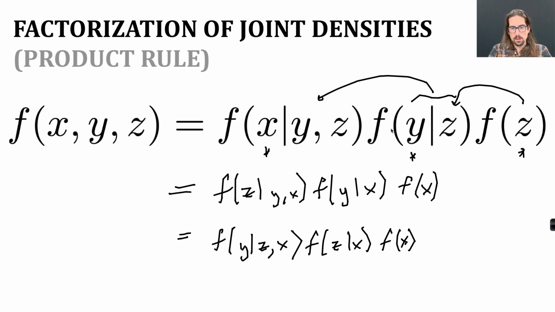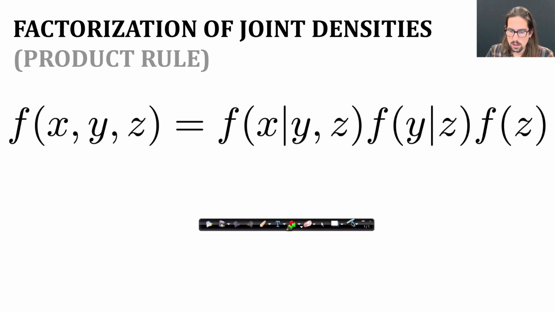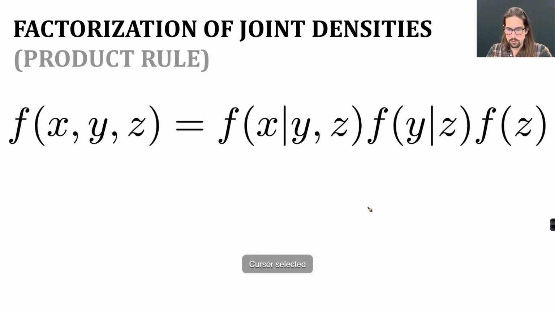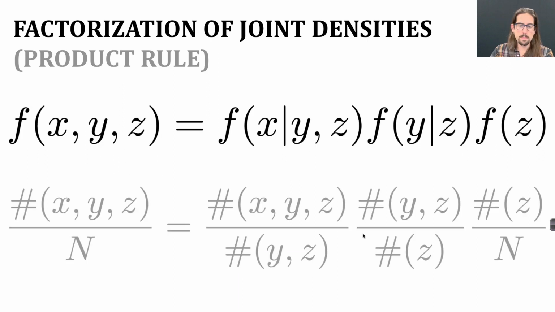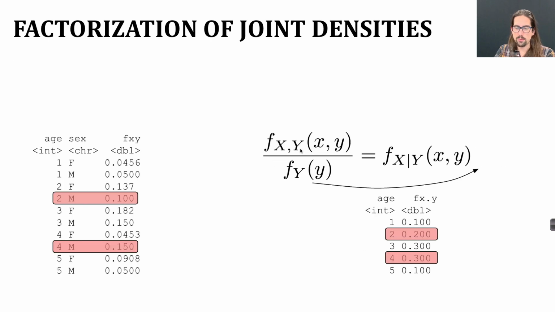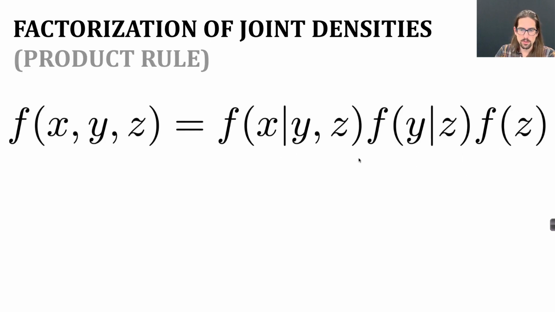And I already talked about why that is the case in two different ways. One by looking at it as this count here, where I'm just multiplying by 1 at each step. And another way of seeing this is, if this is the definition of the conditional density, then I just multiply by this thing over here. And then they're really all the same, it's equivalent.